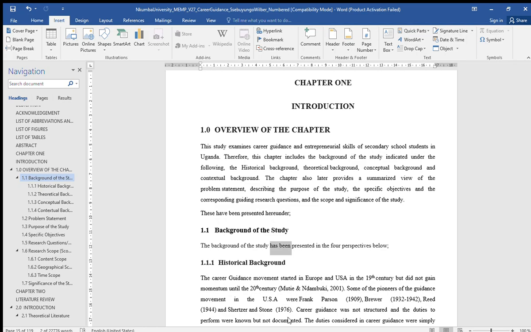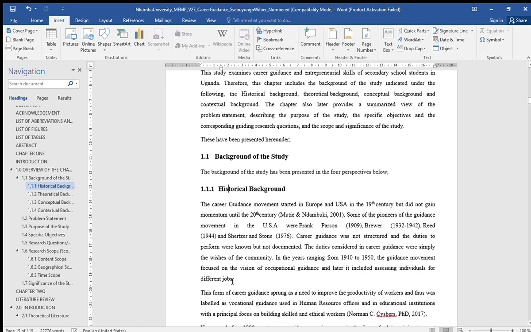Or even if you used "has been presented", that one is also acceptable, but not "was". No, because this is a proposal. So here, after that you go to the historical background. Now what do we present in the historical background?